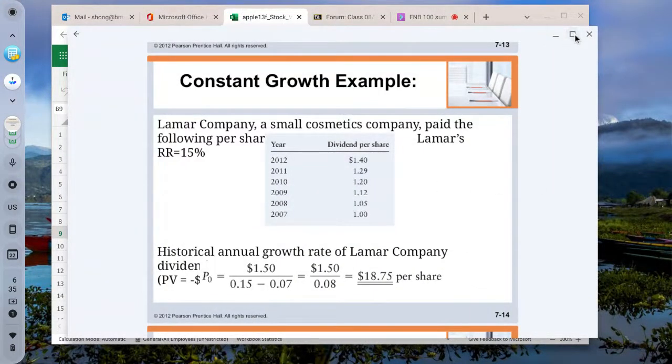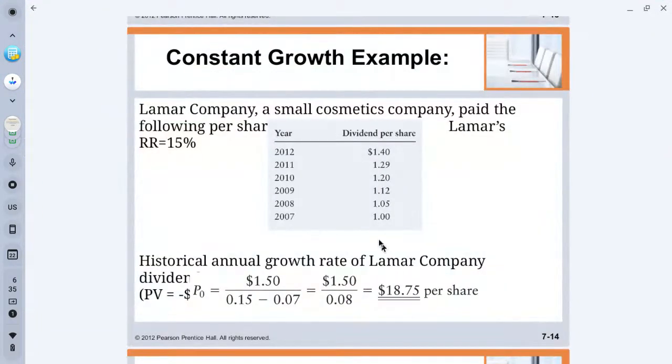So the reason I was trying to use Excel was to show you that if you take the geometric average of all this, it comes to something like 0.069 something. So when they round, they just rounded it to 7%.